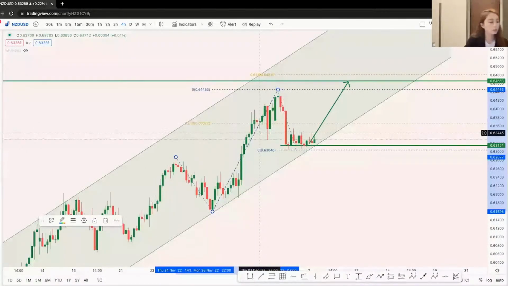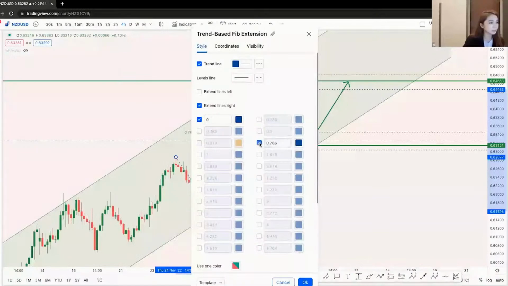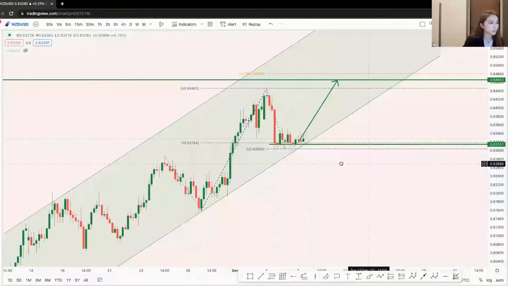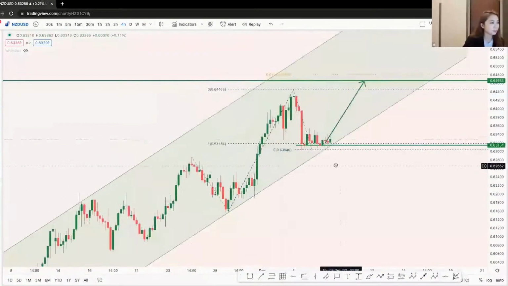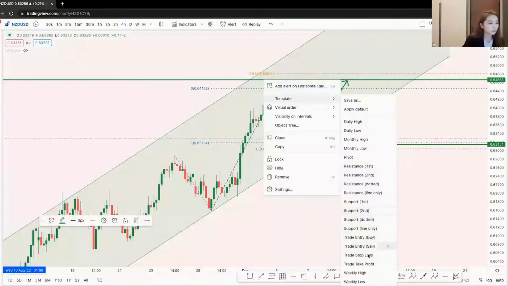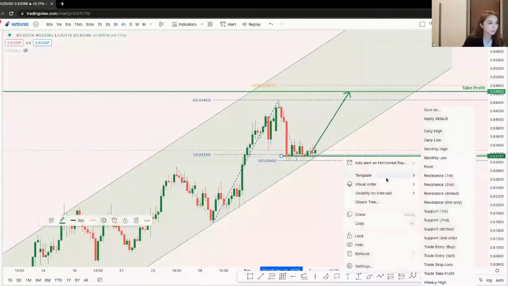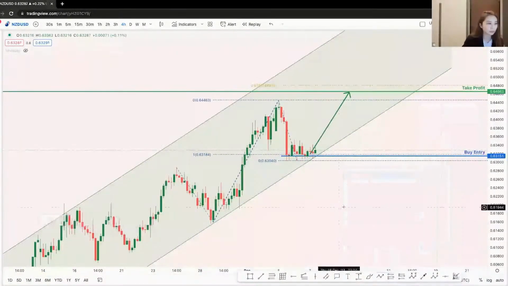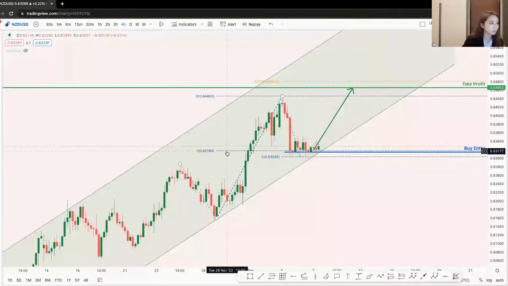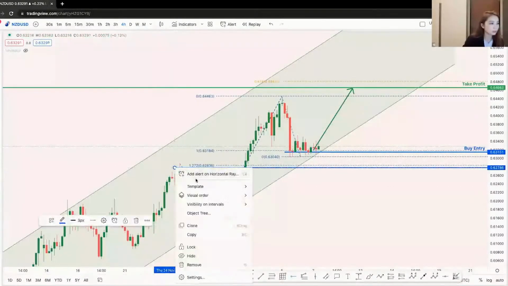Sorry, my screen just went black. Hold on. Okay. We're looking at 100 at the bounce off point, and 1.272 to be a stop loss.